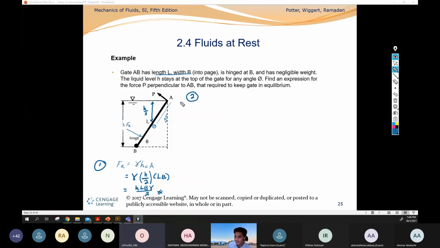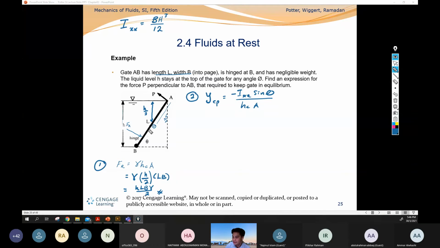Yes, doctor. Okay, so we need to find y_cp. What's the formula? Negative I_xx sine theta over h_c times area. What's the formula of I_xx? For a rectangle, I_xx is equal to B H cubed over 12. So how to locate the coordinates?